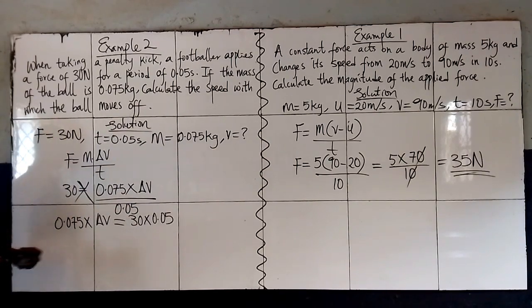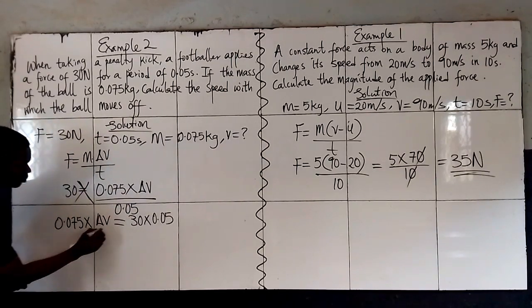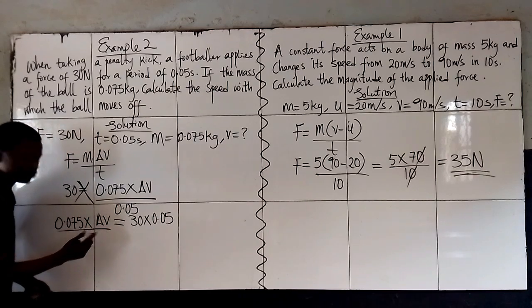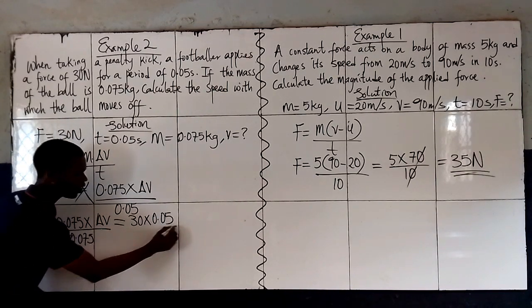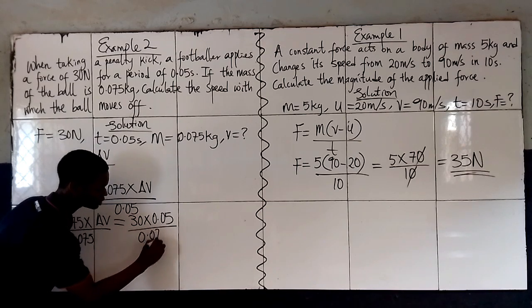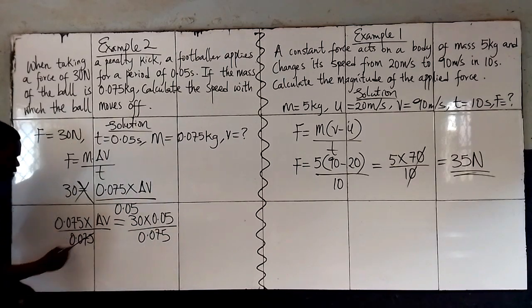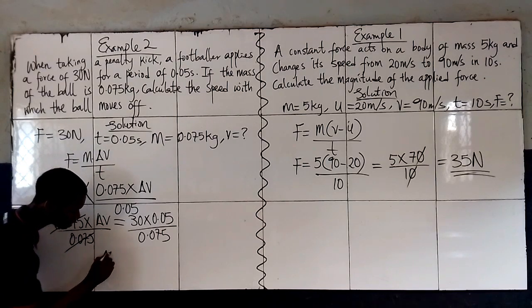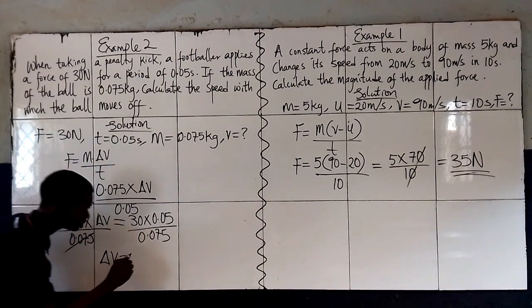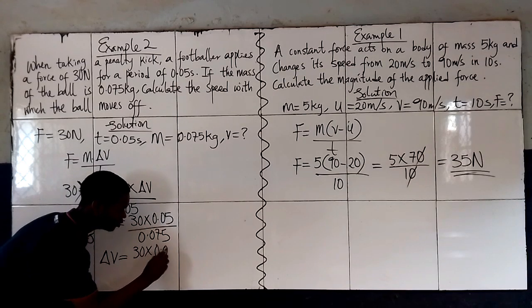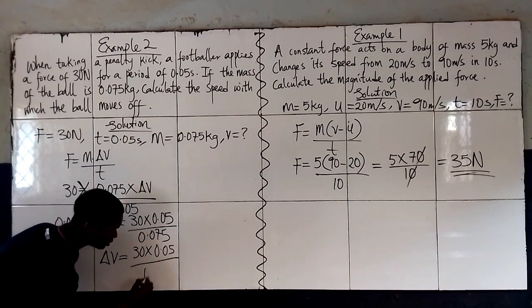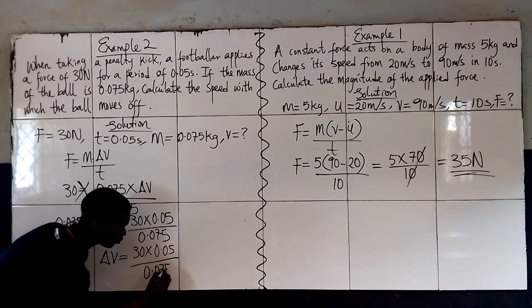Okay? So if you work this separately, divide both sides by this to make change in V subject. You have 0.075 over what? 0.075. 0.075 will cancel this. So what we are left with here is what? Change in V equals to what? 30 times 0.05 all over 0.075.